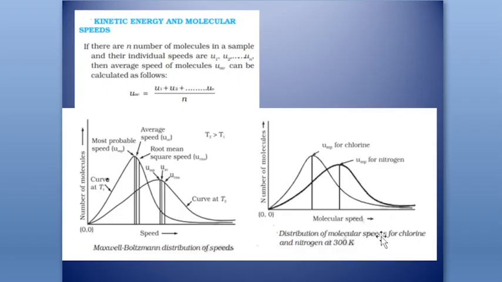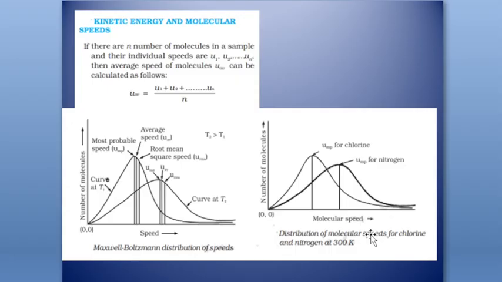There are two curves given here, the Maxwell-Boltzmann distribution of speed curve. Two curves are seen here with different peaks, but the area of the curve is constant. Two different curves at two different temperatures T1 and T2 are given here.